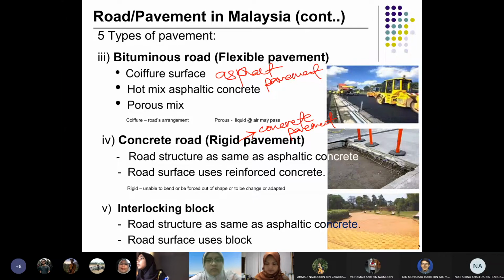Interlocking block ini. Usually this interlocking block is more to provide aesthetical value, right? If you notice, this interlocking block is being built somewhere at those places where with tourist attraction. Taman, good. And then kalau tengok tempat tourist attraction, kalau disambut Merdeka, kalau dulu-dulu kita sambut Merdeka kan, tahun COVID dia tak boleh sambut Merdeka. Kat mana kita sambut Merdeka selalunya?